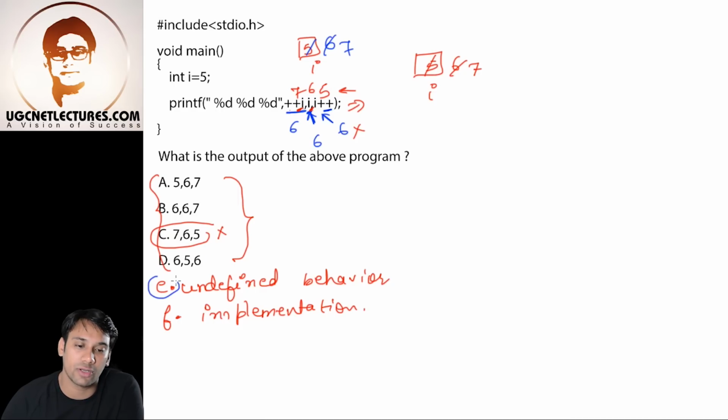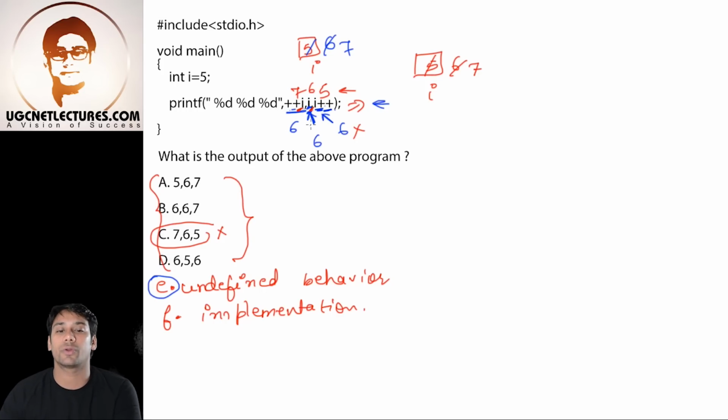In undefined behavior, whenever within a single statement I use the value of a variable and at the same time also change the value of the variable, here I am changing the value of the variable with ++i and i++, and using the value of i in all three statements. This brings undefined behavior for the C language, and the statements may be executed in any order.